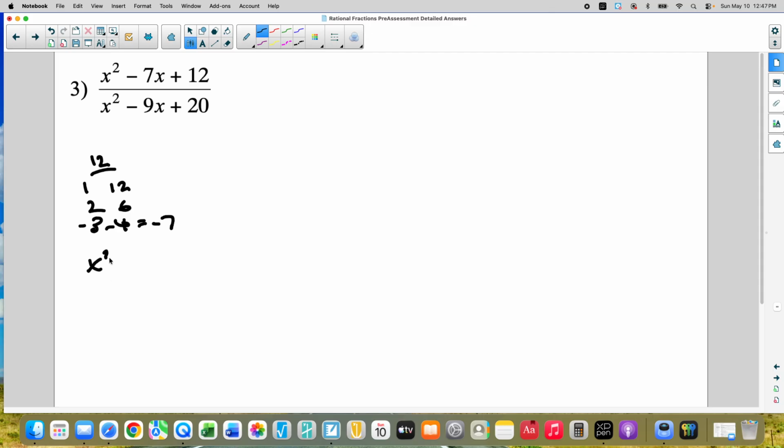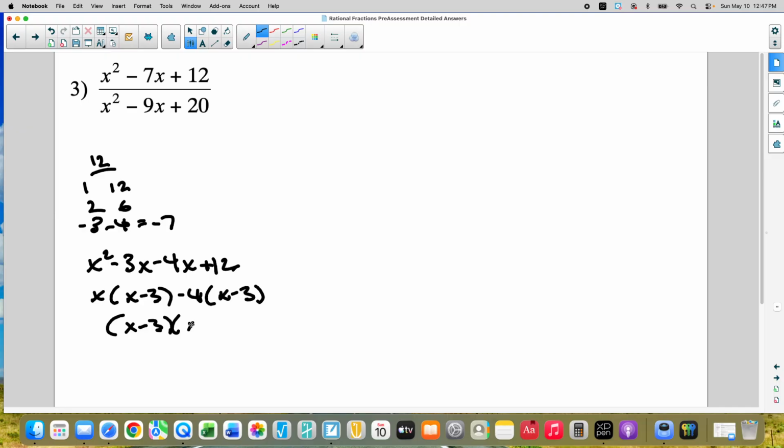So we get x squared minus 3x minus 4x plus 12. We'll factor out an x, you get x minus 3. Factor out a negative 4, you get x minus 3. So my numerator now becomes x minus 3, x minus 4.